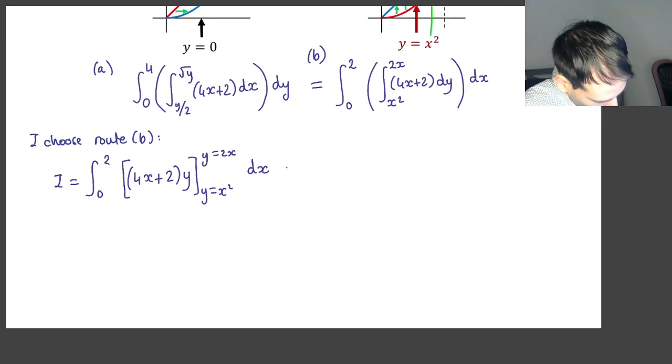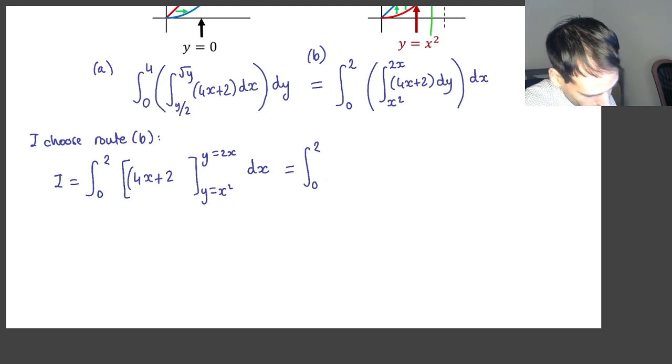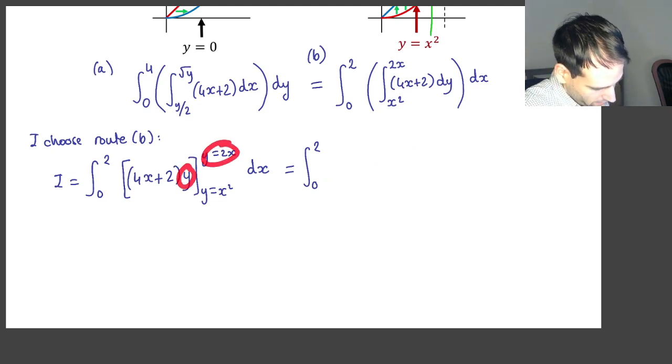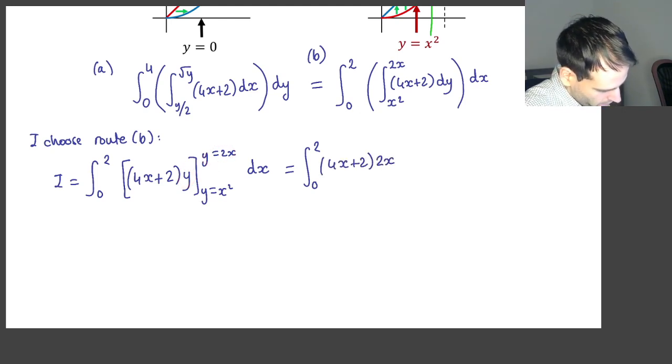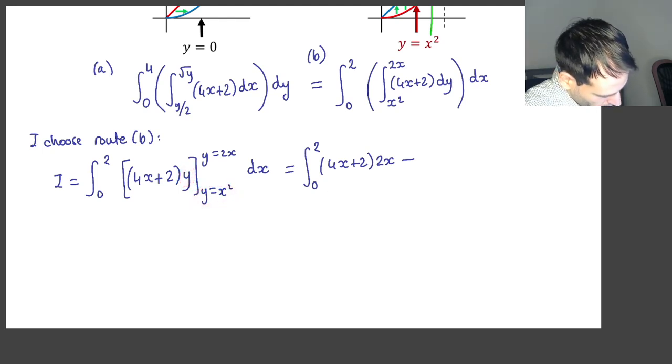So if we substitute those, we get the integral between 0 and 2 of, no, I'm doing it wrong. I have to substitute y equals 2x, so that leaves us with (4x plus 2) times 2x, minus, substituting y equals x squared, (4x plus 2) times x squared.